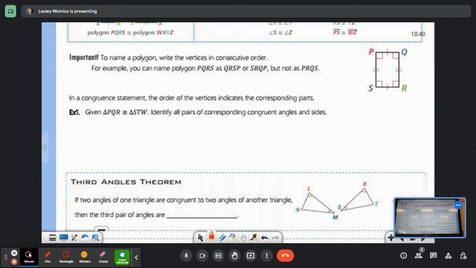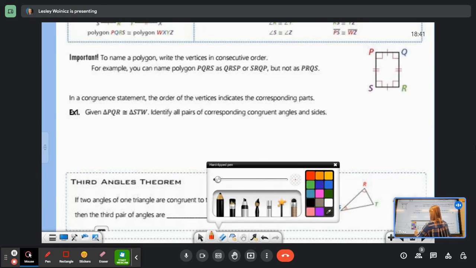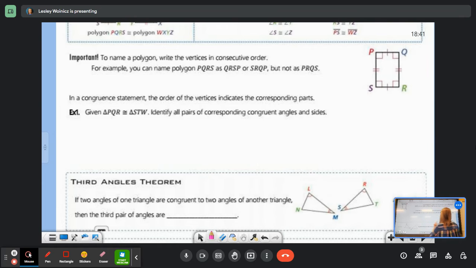Given that triangle PQR is congruent to triangle STW, we have to identify all the pairs of corresponding congruent angles and sides. Okay, this is easy.